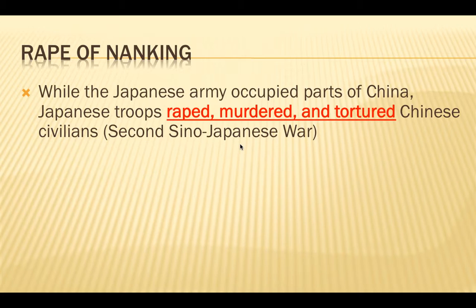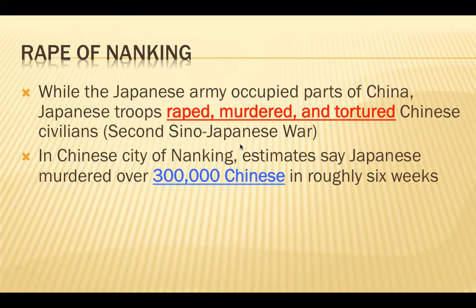This is also photographed quite extensively and bears similarities to Holocaust-type situations. You see people being beheaded, and you see people being shot and thrown into mass graves. So very, very similar to some of Hitler's kind of stupid acts that he does.